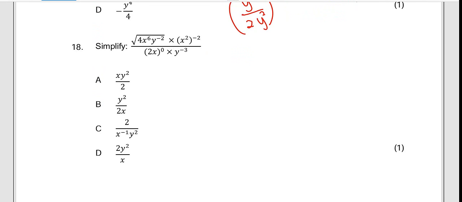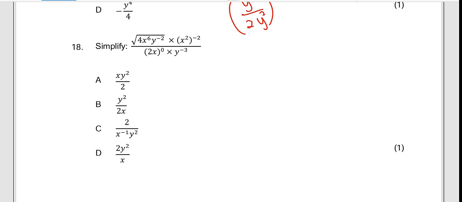Now let's proceed to number 18. Simplify. The first thing that we're going to do, even here, is work out what is in the brackets and what is in the square root first before anything else. Let's get started.